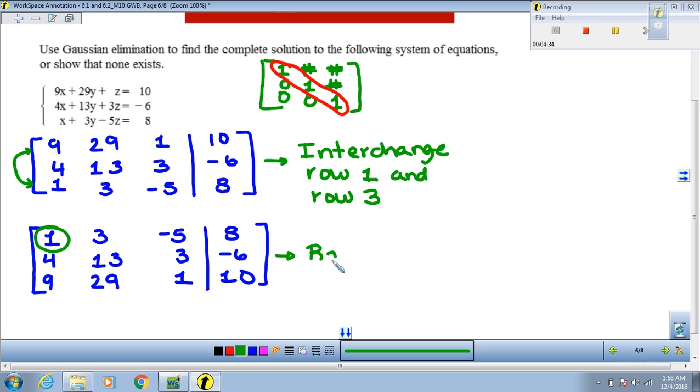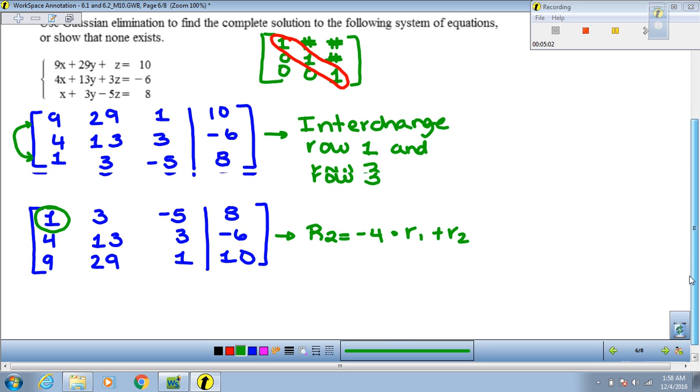So we're going to change row 2 by multiplying negative 4 times every number in row 1, and then we're going to add the values in row 2. So why did I choose negative 4? Because negative 4 times the 1 that I circled is negative 4. And that negative 4 plus 4 is going to give me the 0 that I want underneath that 1.